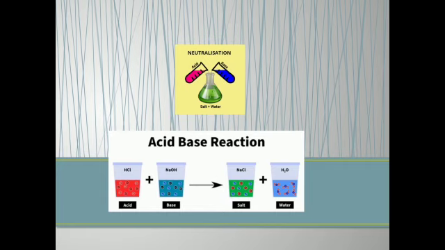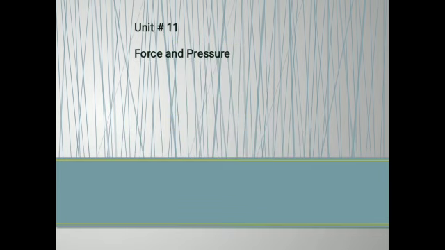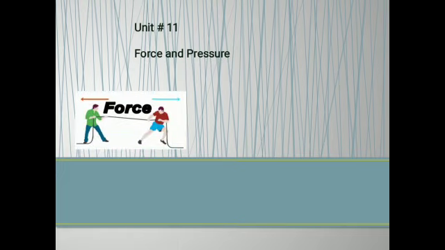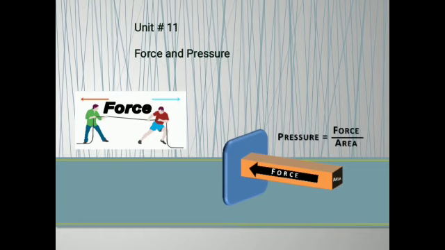Now we will talk about force and pressure, unit number 11. Now what is force? A force is defined as a push or pull which produces acceleration in an object or stops or tries to stop the motion of an object, right? And what is pressure? Pressure can be defined as a force acting per unit area.